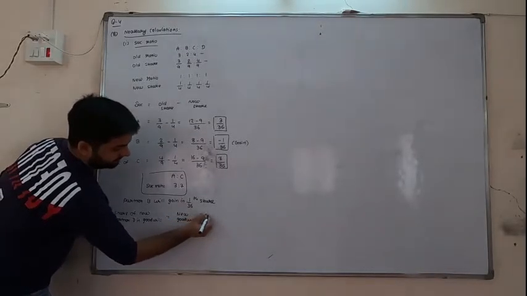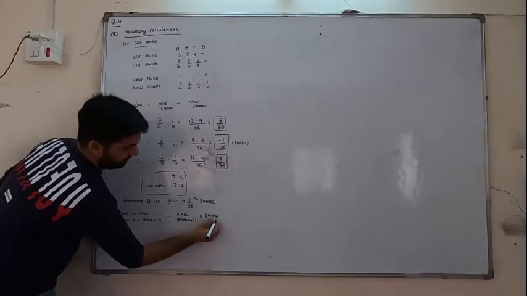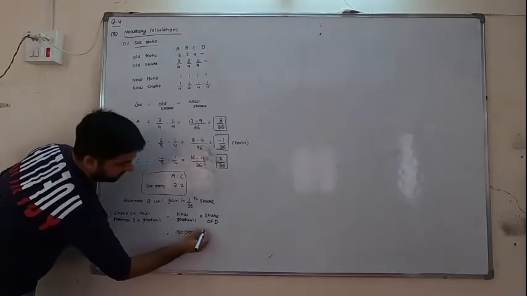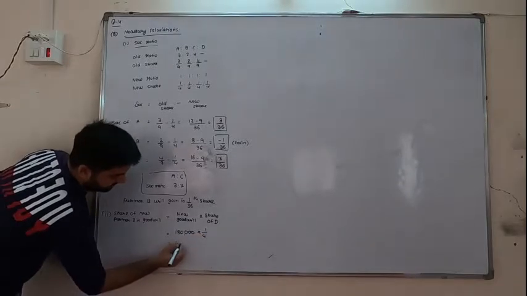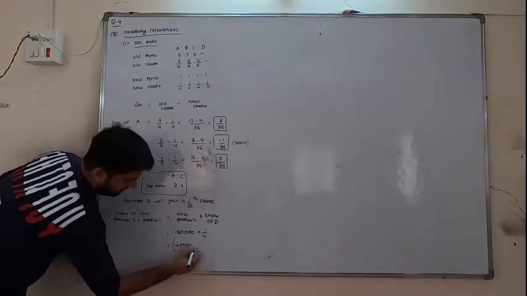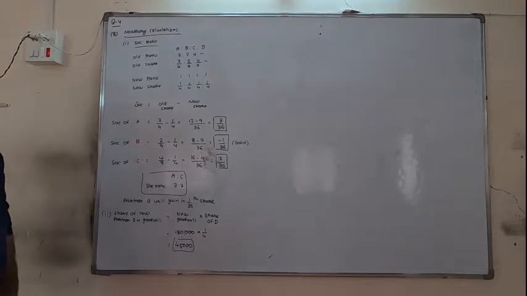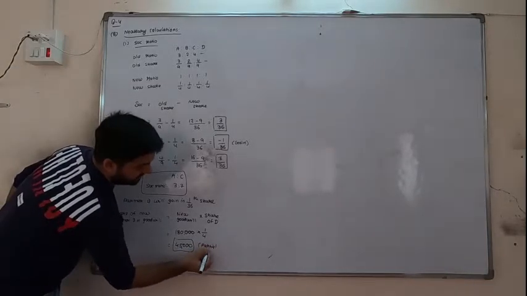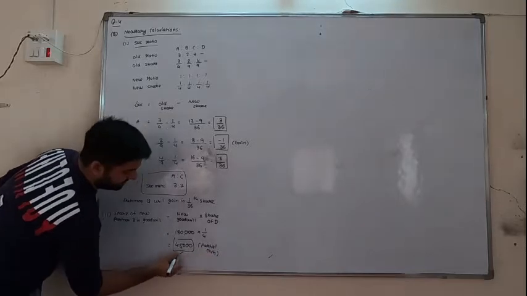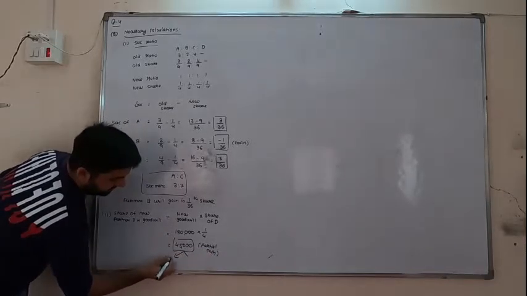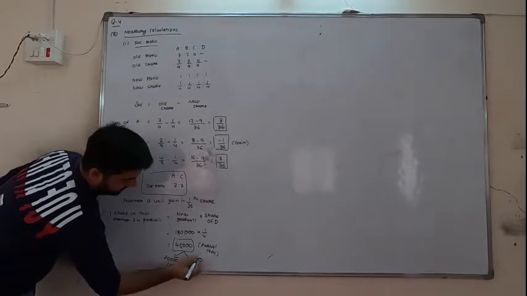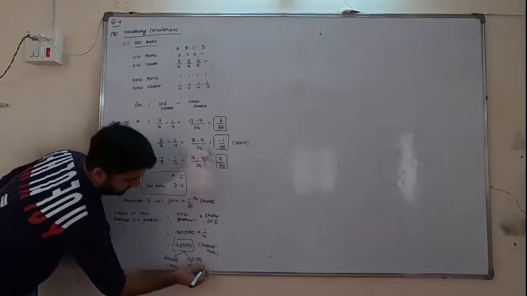New goodwill into share of D. New goodwill is 1,80,000. Share of D is 1/4. So it is 45,000. Now in the book it is given he is bringing 30,000 in cash. So we can say it is partial cash.